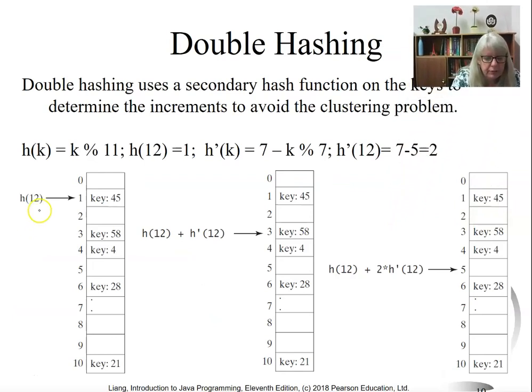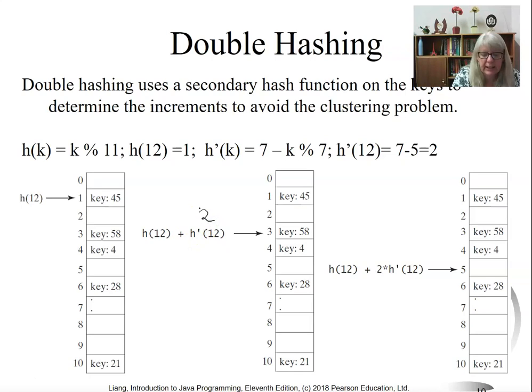Okay, so I first compute for key 12 my hashing function, and I get 1. And there's already something, a 45. Oops, so I can't use it. I'm not using linear probing, so I'm not going to go to the next item. Now I perform the second hashing function, and you know that if I do hashing on 5, I get 2.